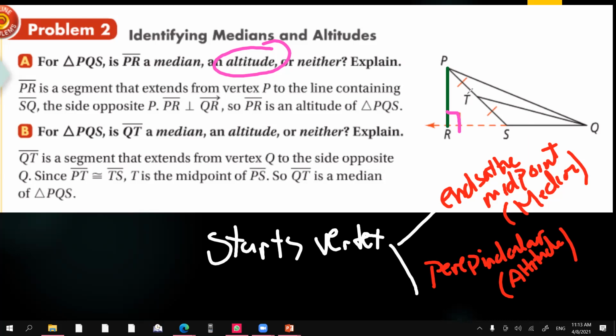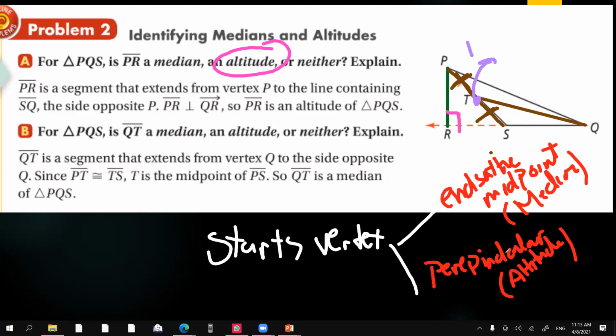Right. Now, look at QT. Where's the QT? This is QT. Now, QT starts from the vertex. It's not perpendicular. But as you see here, it tells you that it cuts this side into two equal halves. So if it cuts it into two equal halves, what is the name of this point?